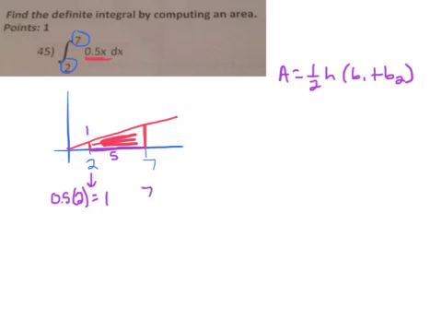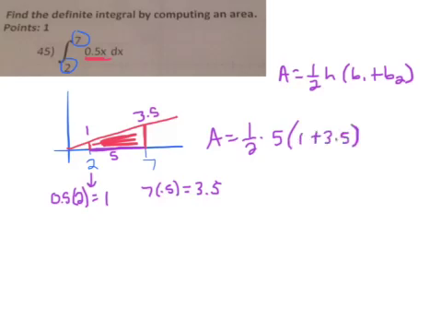If I plug in 7, I get 3.5. So A equals 1/2 times the height times the bases added together. That gives us 11.25, or as a fraction, 45 over 4.